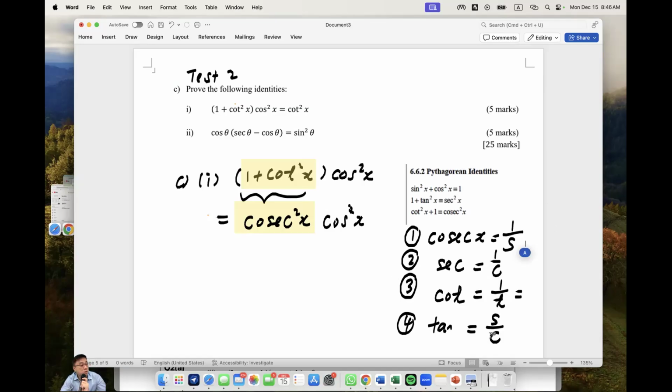Tangent is sine over cos. Then how about cotangent? Cotangent is what? Cos over sine. You follow me or not, class? This one you have to so-called remember because the formula is not given. You understand me or not, class?